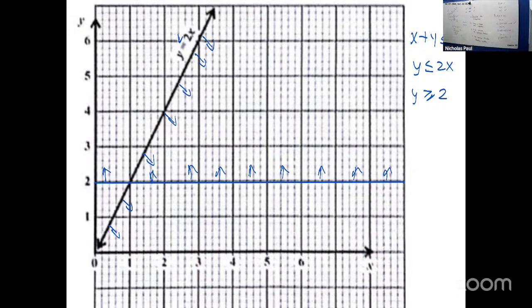X plus y is 6. Hurry up. Right, ready? Hurry up. Shade it and find the common region. Hurry up, William. Right, help me draw this and pick somebody.